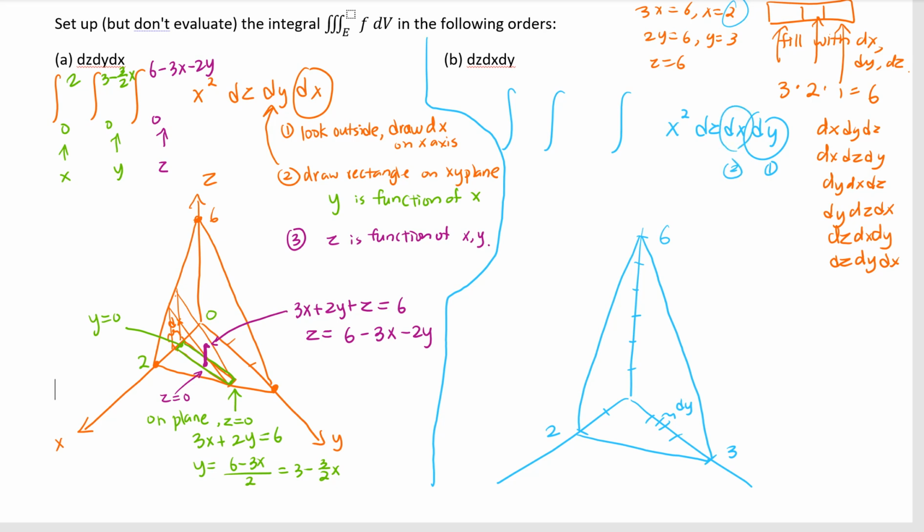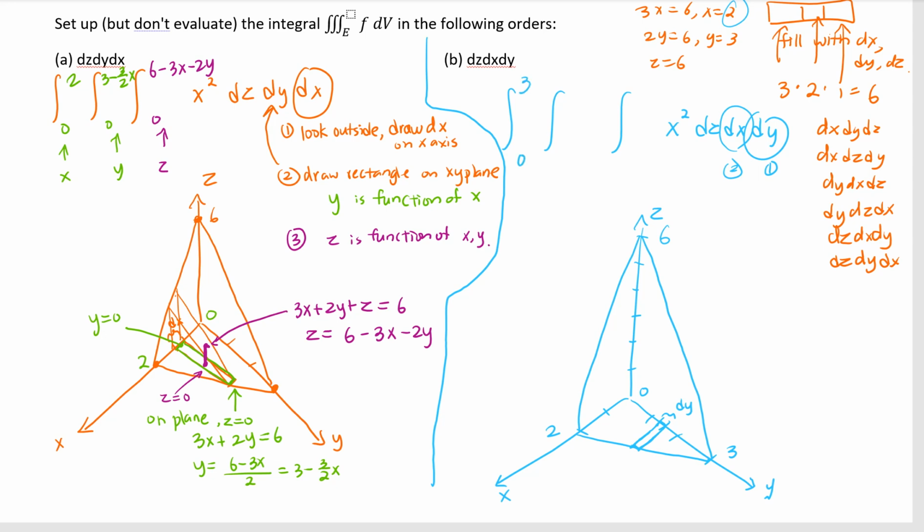The second one is dx, which means I draw my rectangle on the xy plane. Look at this width and make a rectangle perpendicular to the y-axis. And we can set up y goes from 0 to 3.